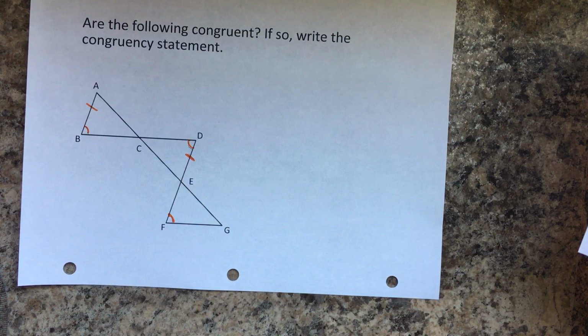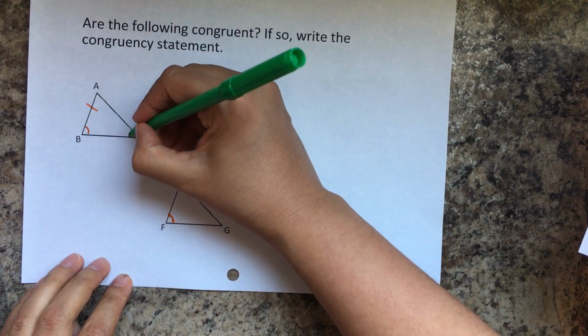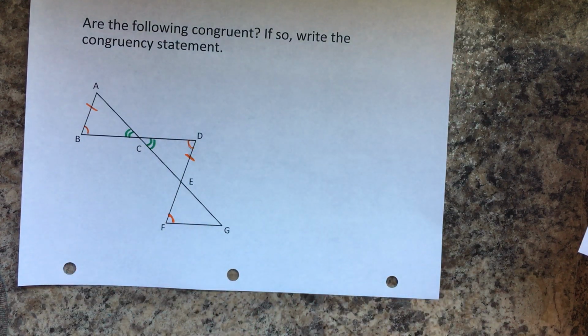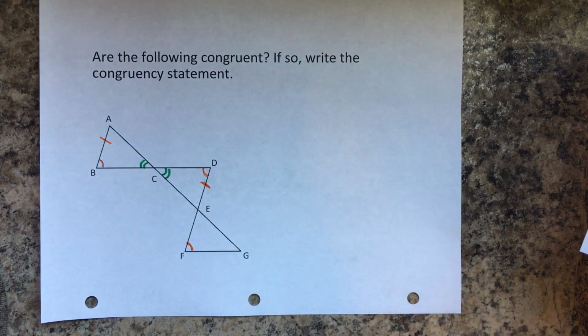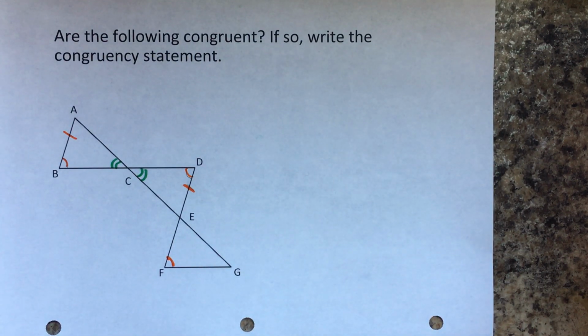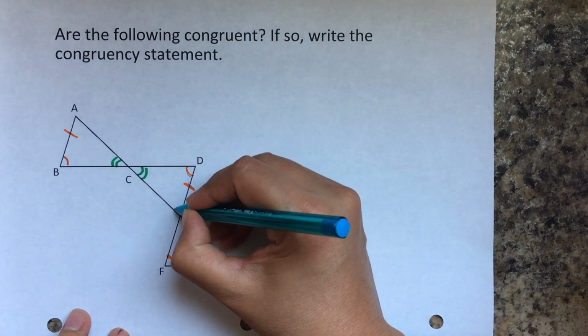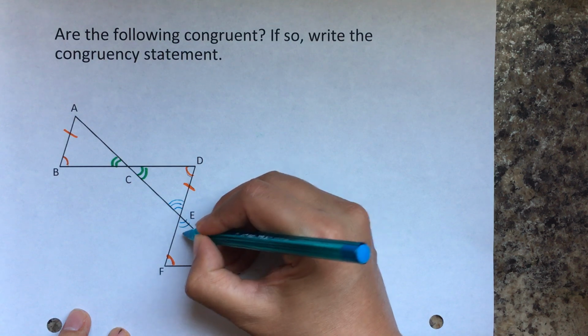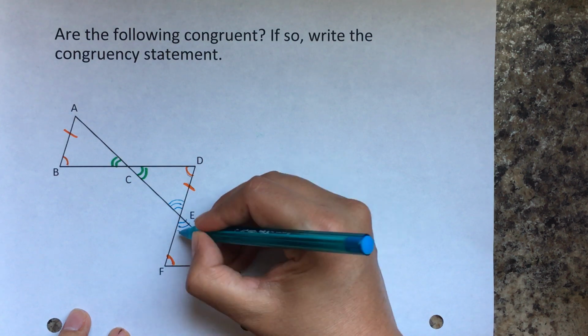We also know that these are vertical angles, therefore congruent to each other. And this is another pair of vertical angles and therefore congruent to each other.